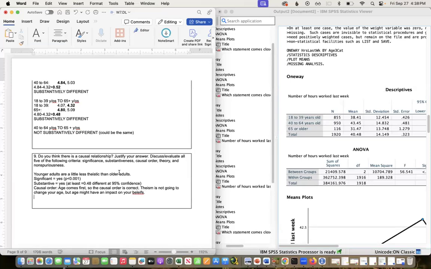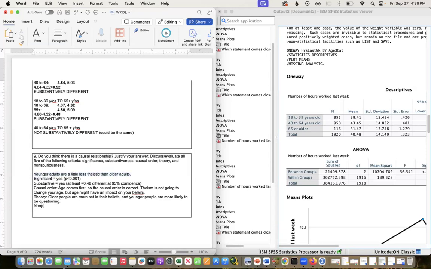So what impact might that be? Maybe, I don't know, again, this can just be kind of offhand. Maybe older people are more set in their beliefs, and younger people are more likely to be questioning.